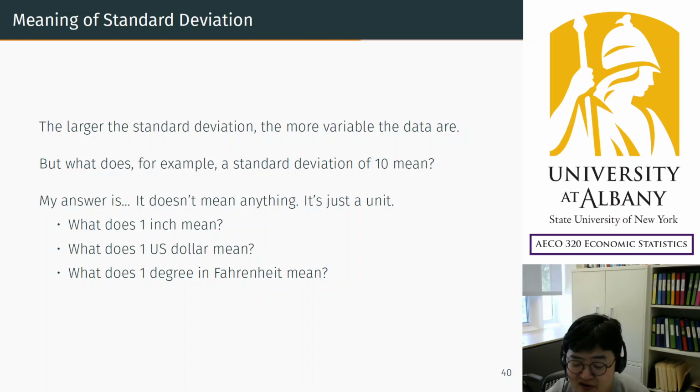I would rather encourage you to think of it as another unit. For example, when I ask you about length, like your height, you are going to answer in feet and inches. Then I know inches, but what is the meaning of this? It doesn't mean anything, right? Say US dollars.